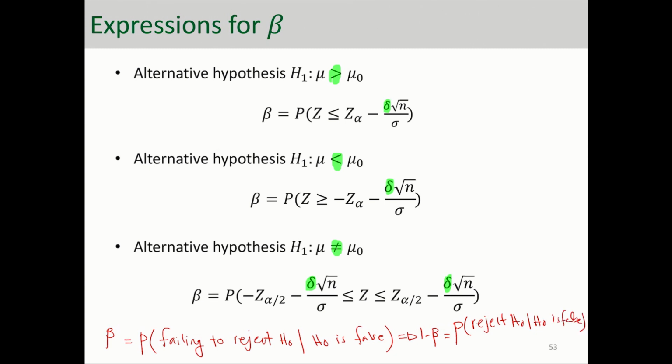And that is a good thing, right? That's why 1 minus beta is called power of the test.